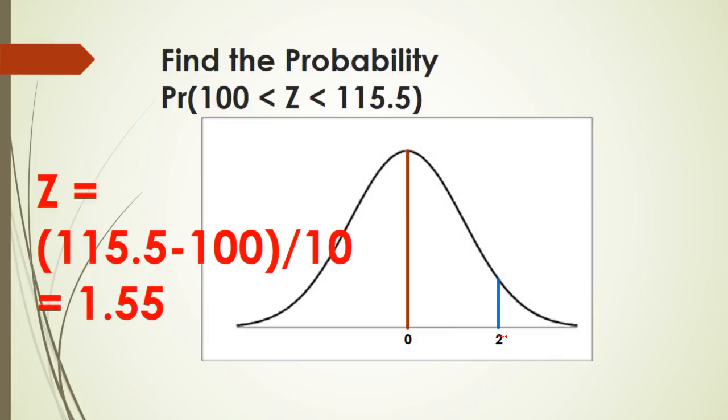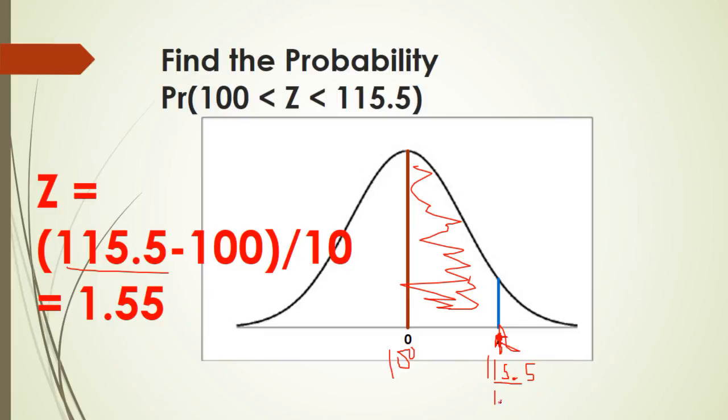So, ignore that 2 that's right there. Let's say I want to know what's the probability of being between 100 and 115.5. Well, now I'm going to do the math. I want all of this, and this is 115.5. I'm going to take 115.5 minus 100, divide by 10, and I get 1.55. So this is 0, and this is not 2. I'm evil.